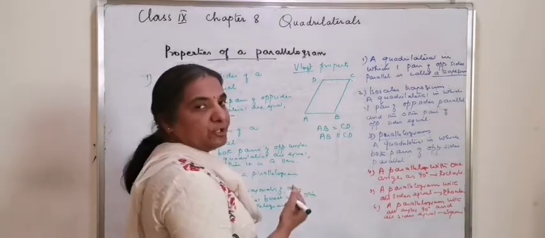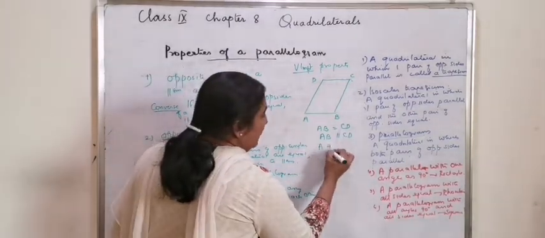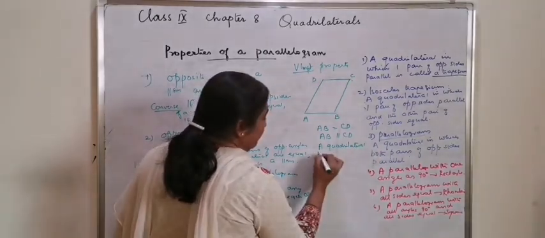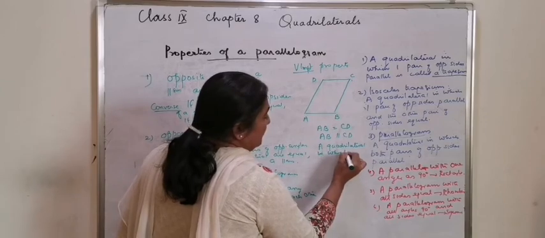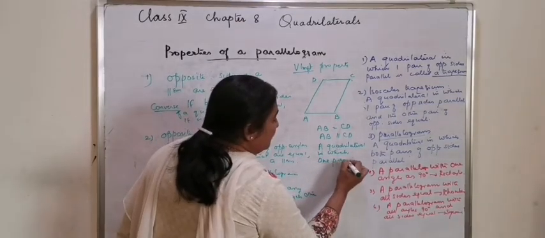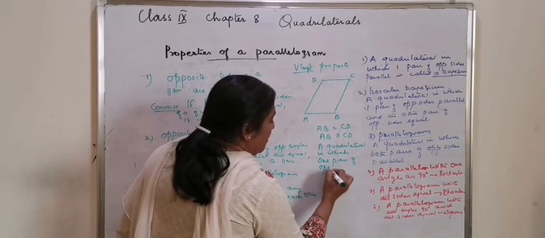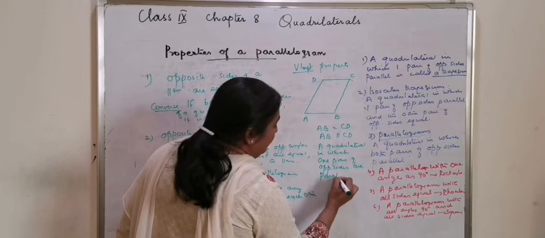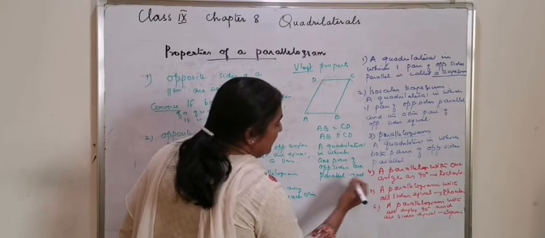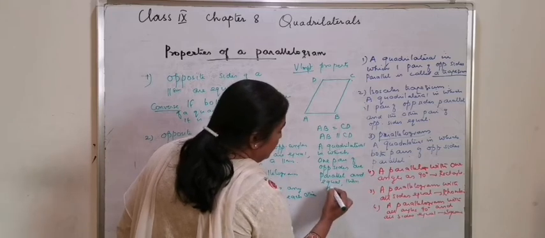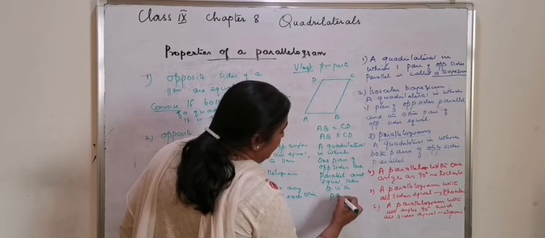So a very important property is a quadrilateral in which one pair of opposite sides are parallel and equal, then it is a parallelogram.